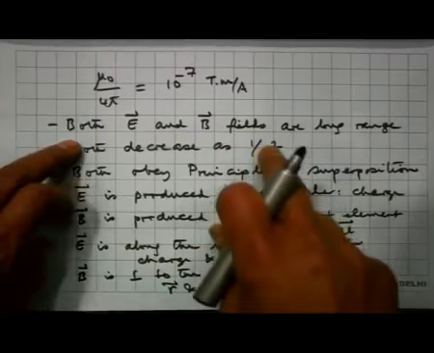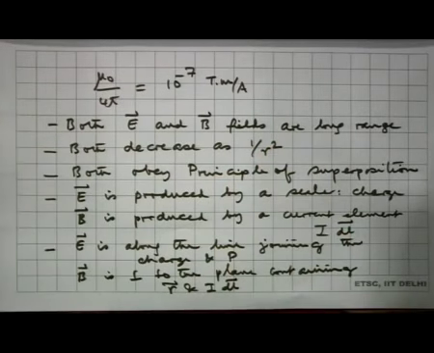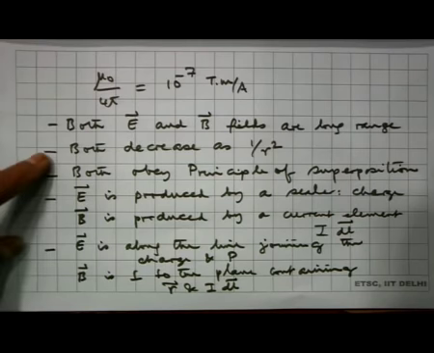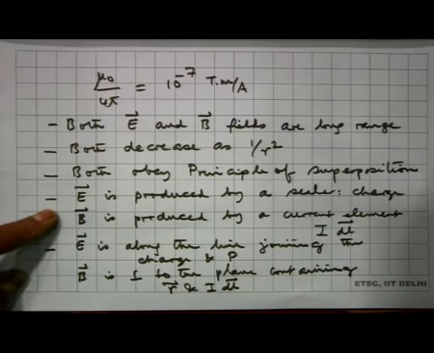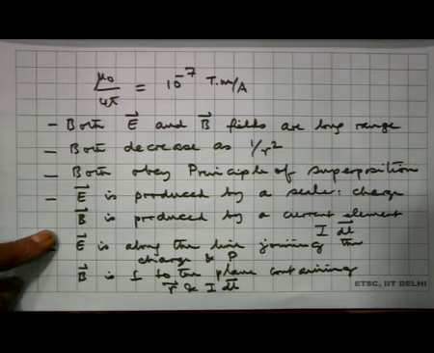Both electric and magnetic fields are long range fields, so they have effects over very long distances. Both decrease as 1 by r square, both of them are inverse square law. Both the fields obey the principle of superposition. This is very useful to calculate magnetic fields produced by different current distributions. Electric field is produced by a scalar quantity, which is the charge, while the magnetic field is produced by a current element, which is a vector, I dl vector.